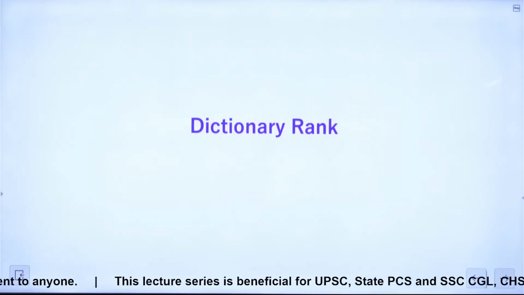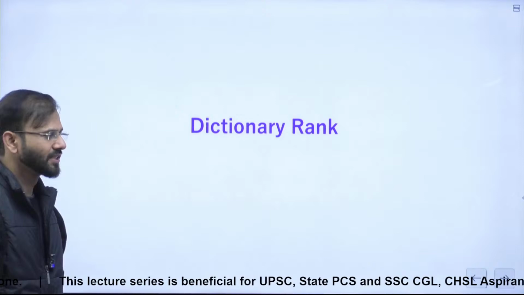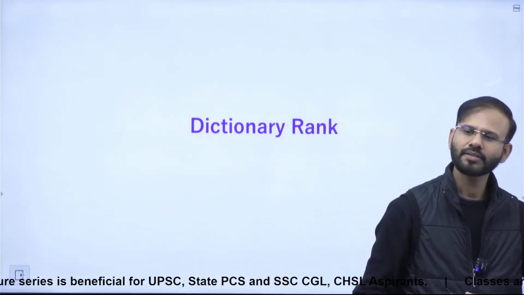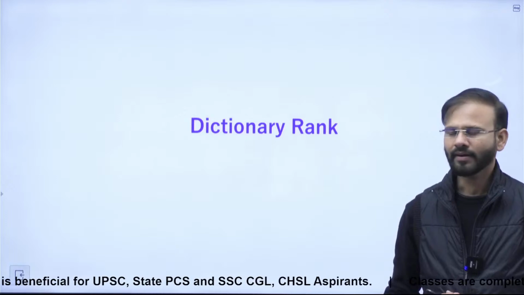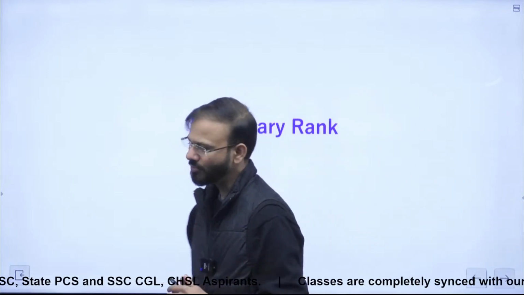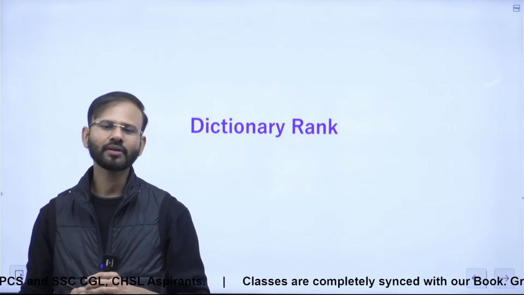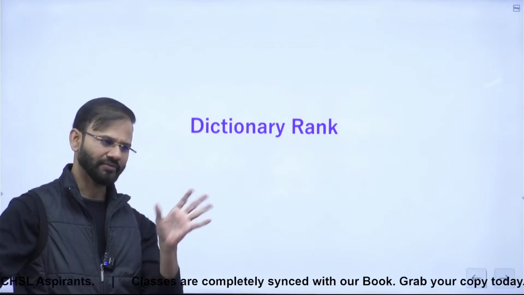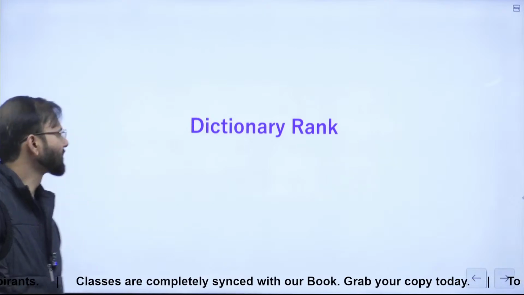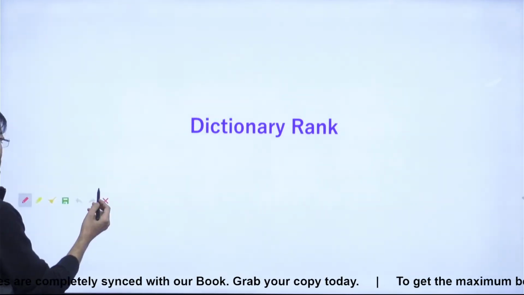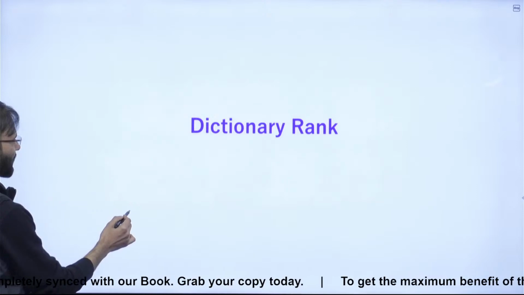After that, guys, dictionary rank concept. Dictionary rank. Okay. See everybody. Yesterday we discussed how many total words can be formed by some group of letters given, right? Let's say one word was given as Ram. So let's talk about some example.